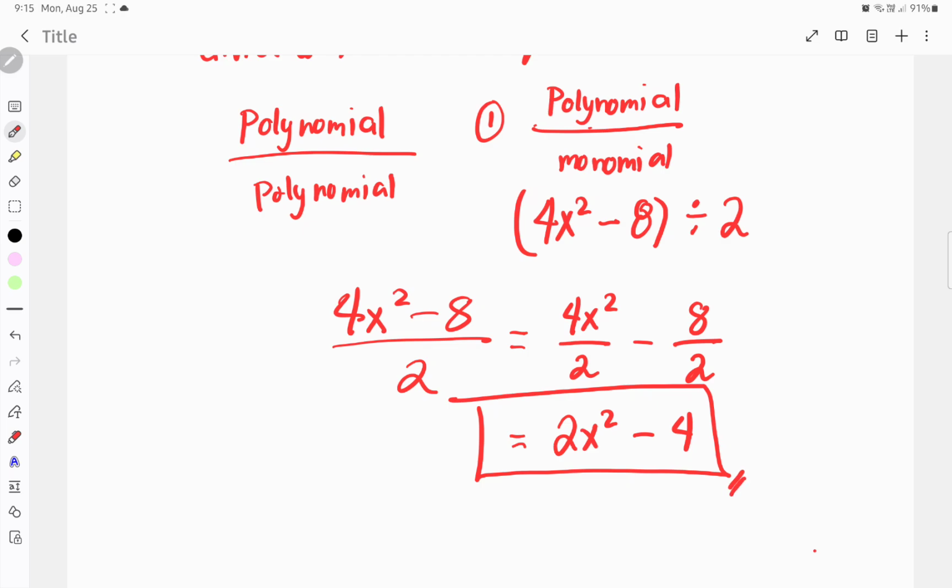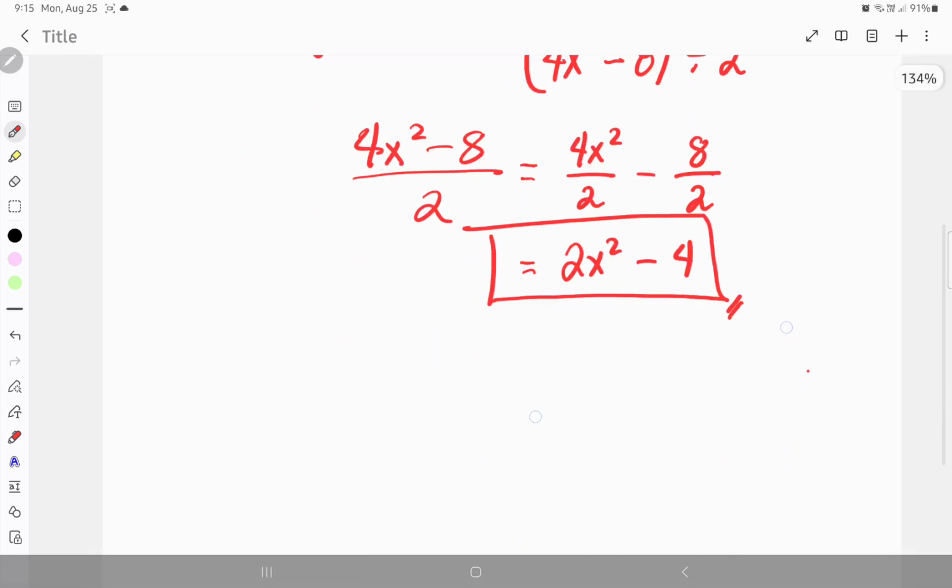So for our case, if there's a polynomial divided by a monomial, the separation for a plus or minus would be utilized.